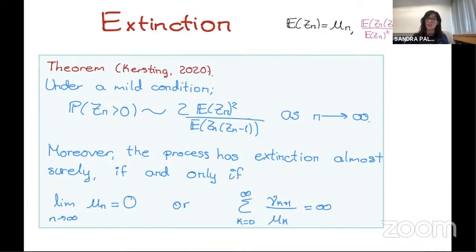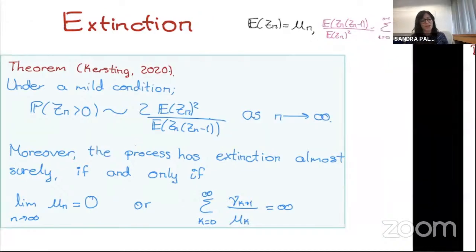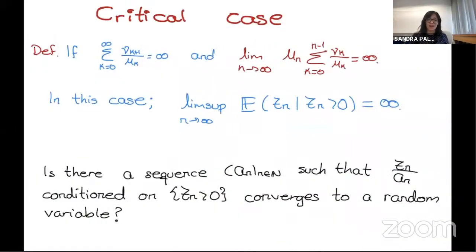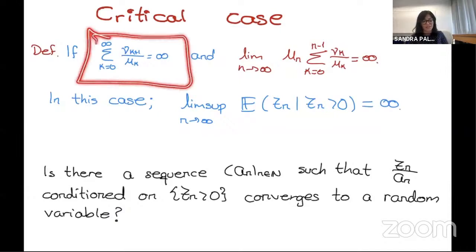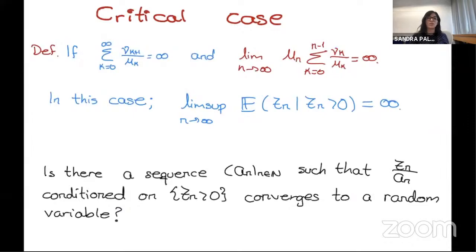So Kirsten also found this, and he defined that we are in the critical case if not only do we have that the series is infinity, but also the limit when n goes to infinity of mu n times the partial sum goes to infinity.